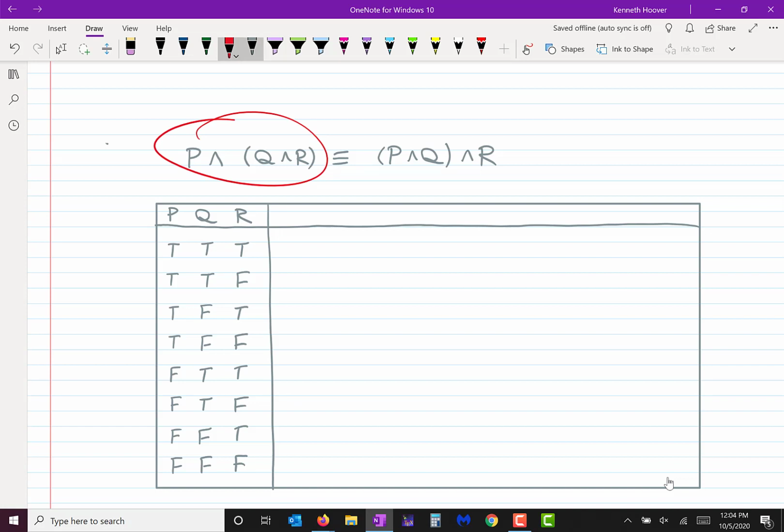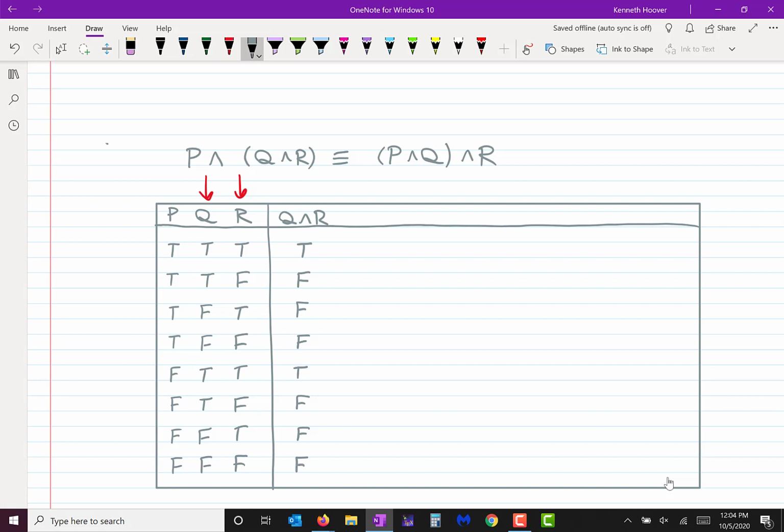Let's do the conjunction of Q and R. Okay, so I only need to look at these 2 columns here. If Q and R are both true, the conjunction's true. If one of them's false, the conjunction's false. Okay, there we go.